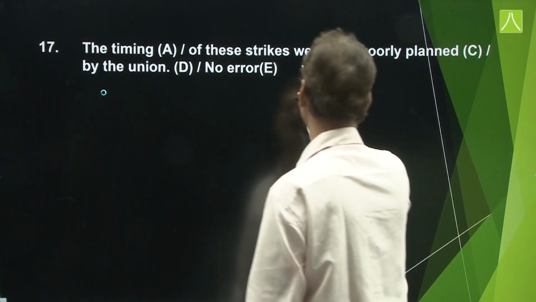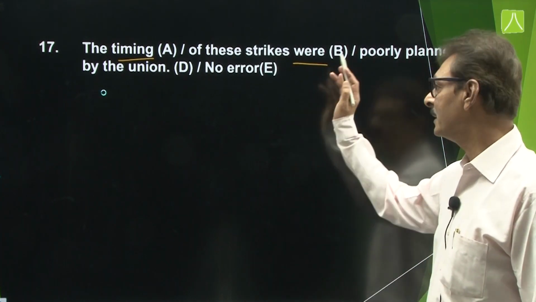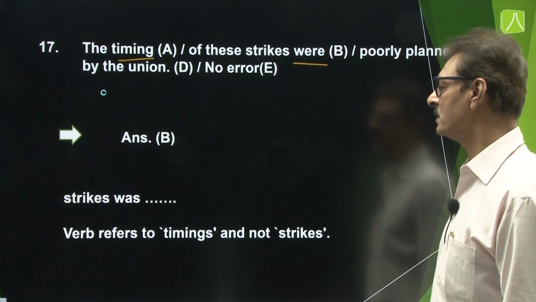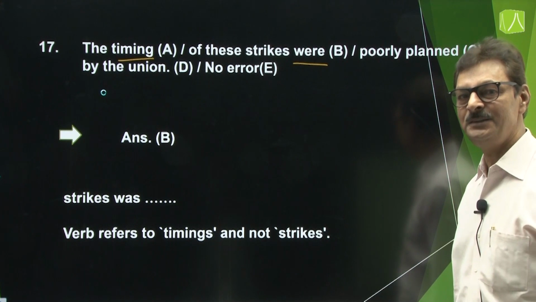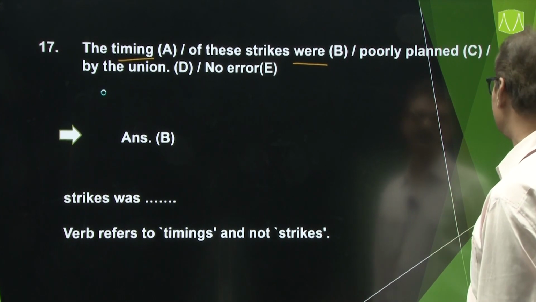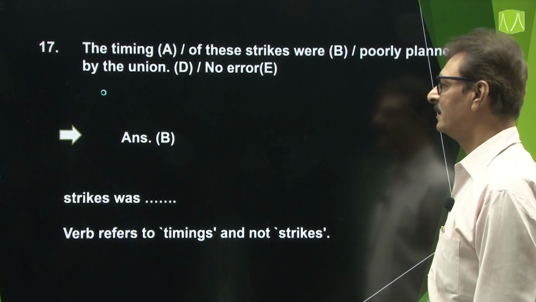The verb should agree with what? It should agree with timing. Timing is singular, hence the error is in part B. Instead of were, it should be was. The timing of these strikes was poorly planned by the union. Because the verb refers to timing and not strikes.